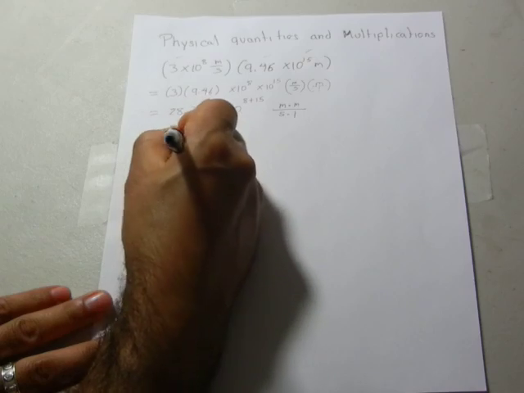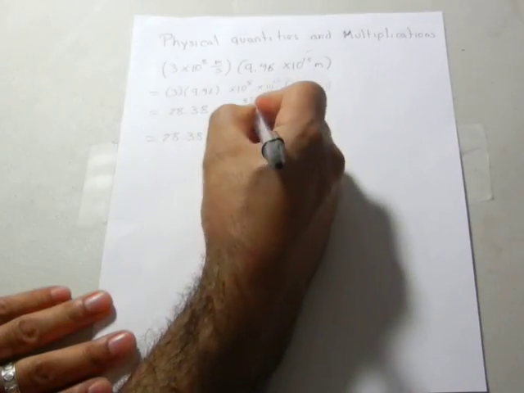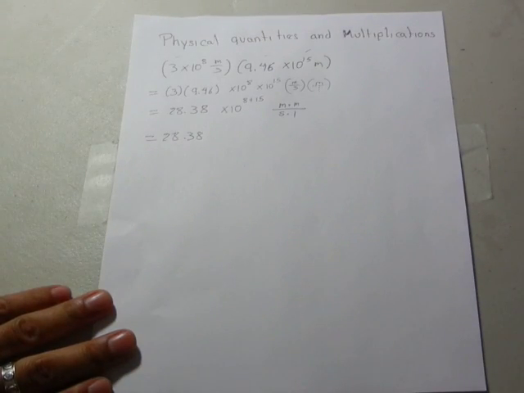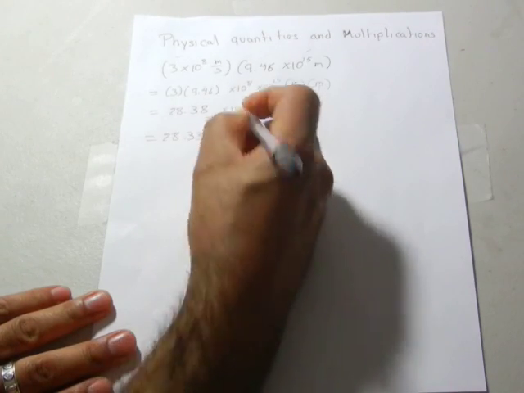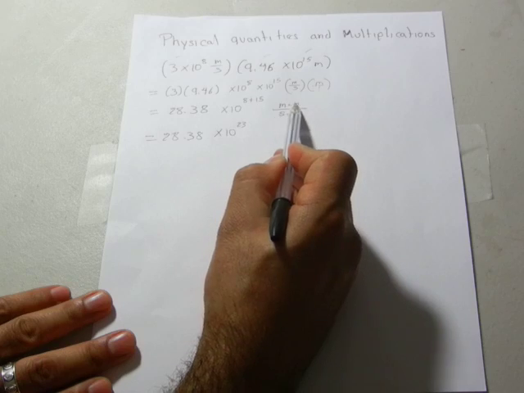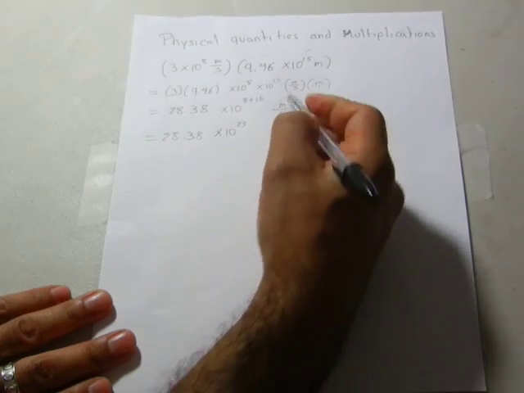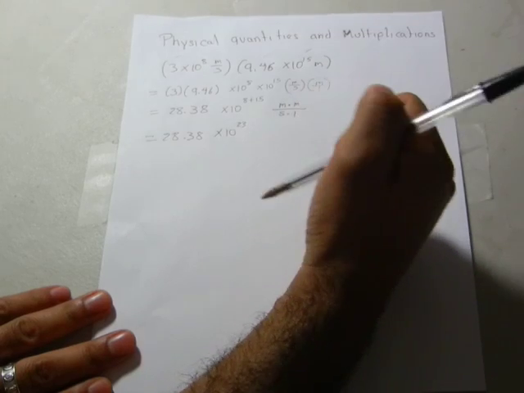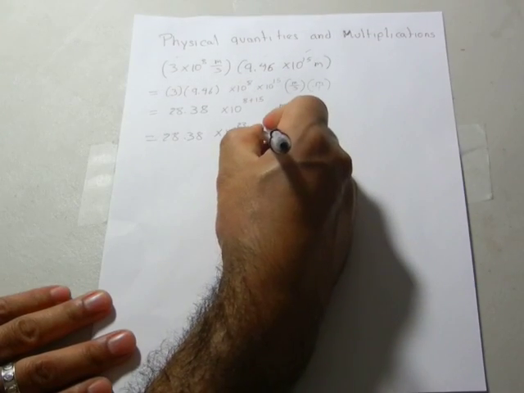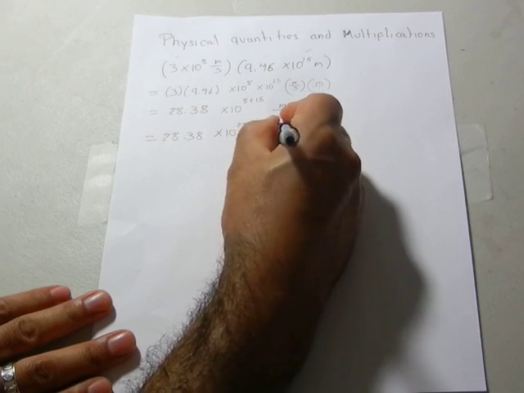In this case, we can see 8 plus 15 is going to give me 23. And we have the same base, meters and meters. Remember that when we don't have anything, there is a number 1 hidden there. So we have meters to the 1 plus 1.